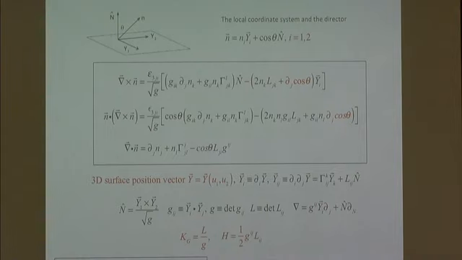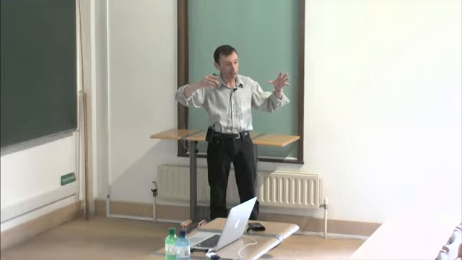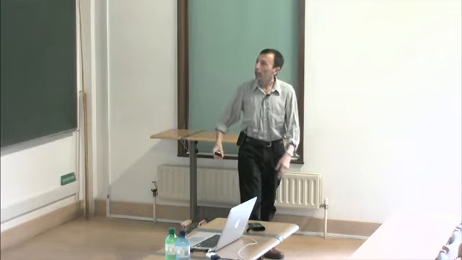The reason I've highlighted these two terms here in the Frank energy is because in the work we've done, we have taken a step beyond what's typically done, where the tilt angle, at least in previous work I'm aware of, is usually taken to be a constant. And as I've shown you from the experiments, given the tilting at the edge, it's critical that we allow for theta to have spatial variation.